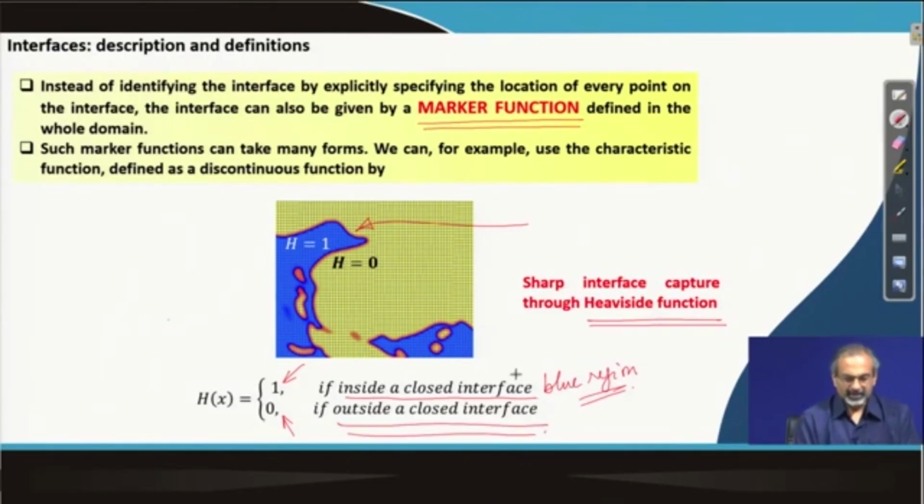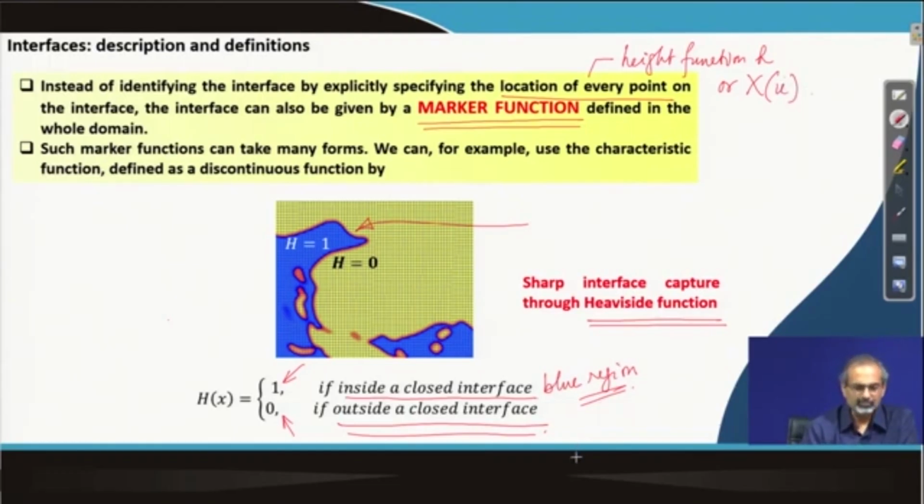So, if that is the case, instead of identifying the interface by explicitly specifying the location of every point, like we were doing through the height function, that is h, or through the parametrization of the function x as a function of the running coordinate u, the interface can also be defined through a marker function.